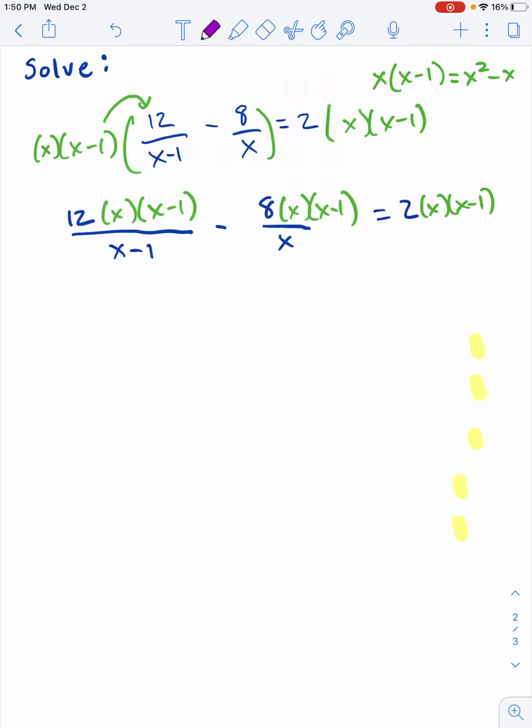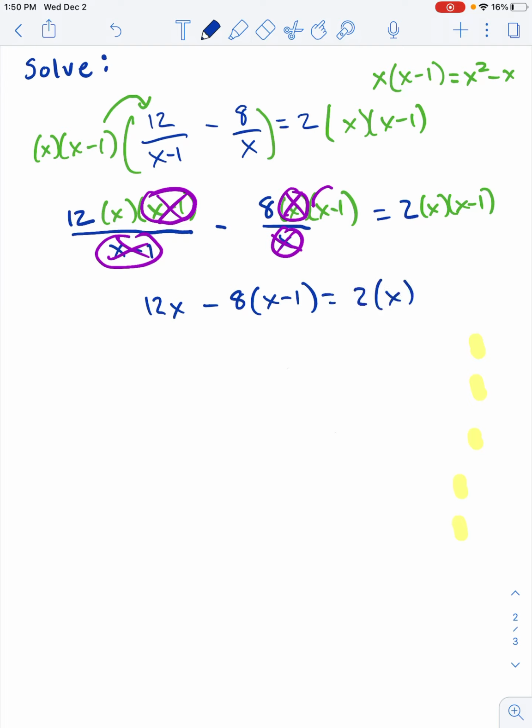And then I can look, and my denominators are going to cancel out because I have x minus 1 on top. And then I have x on top and bottom. That cancels. So then this becomes 12x minus 8x minus 1 equals 2 times x minus 1.